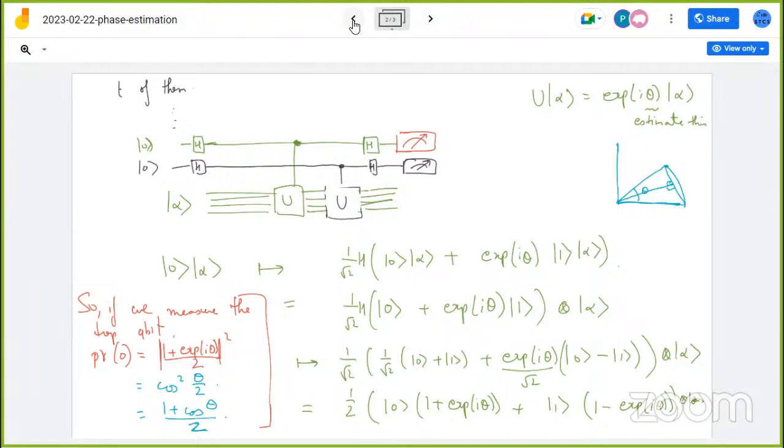How do we multiply by i only on one side? Just apply the phase gate. On the top qubit, between the two Hadamards, apply the phase gate. So the one branch gets a factor of i, then you act, and then you.